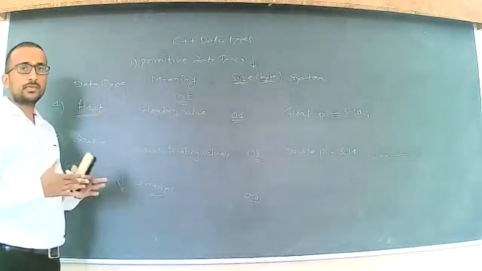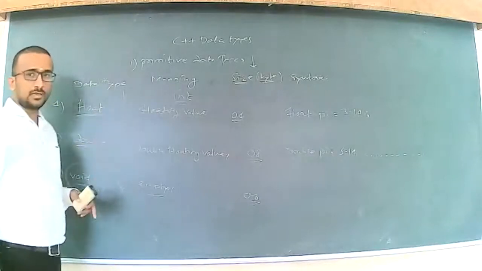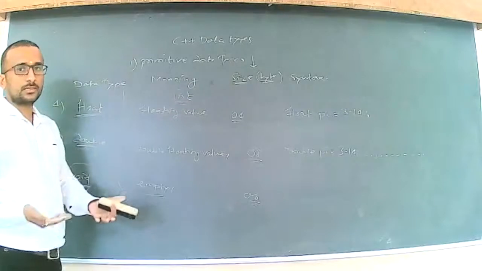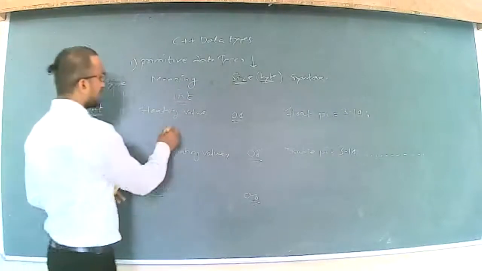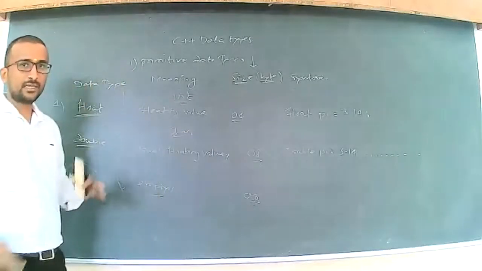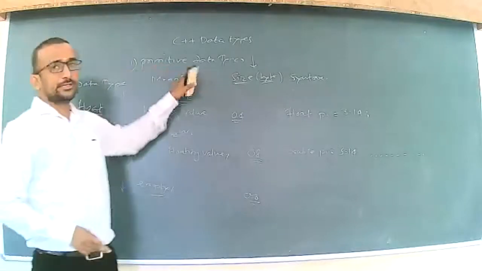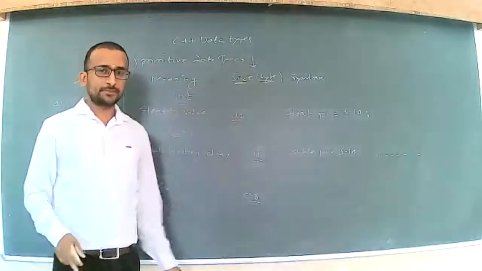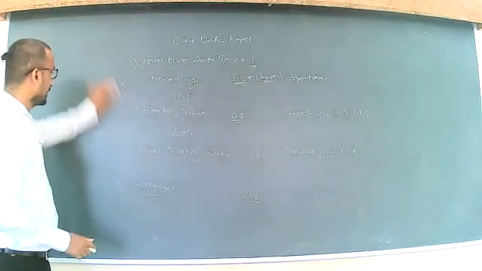If your decimal number is large, you can use double. If you want to use a character, you can use the character data type. So depending on this, we have these primitive data types. Okay, so this is all about your primitive data types.